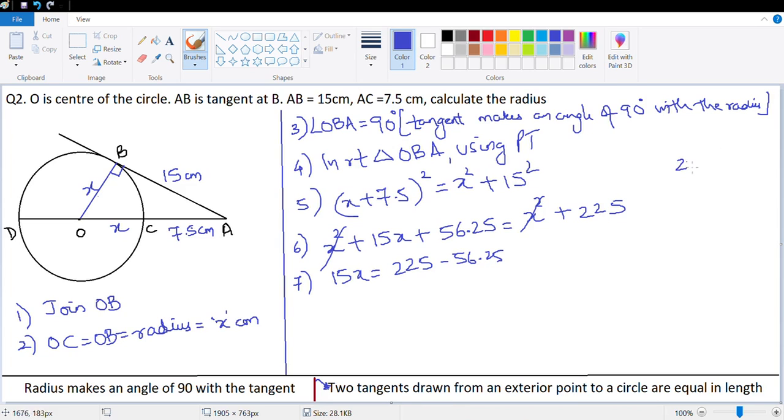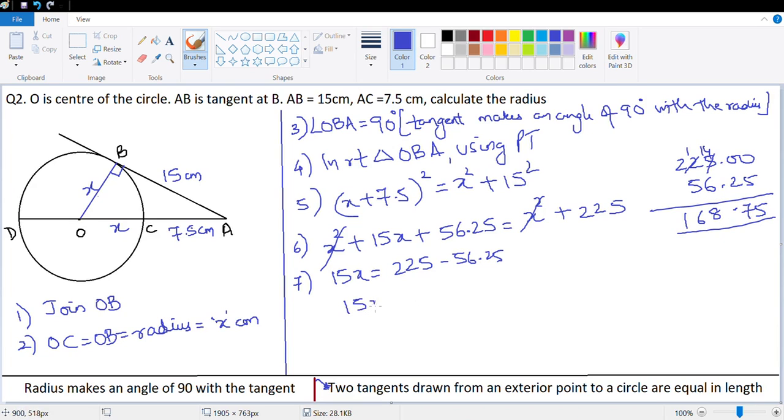Let's subtract 225.00 minus 56.25. So this is 168.75. Let's just confirm. That's fine.